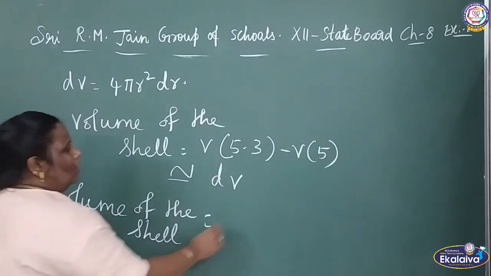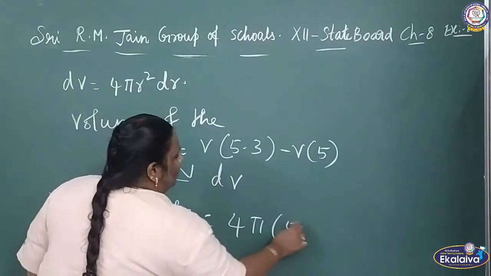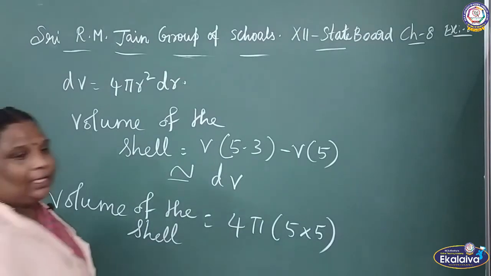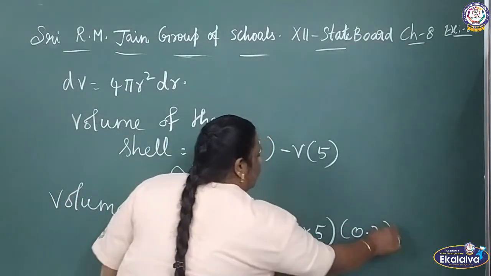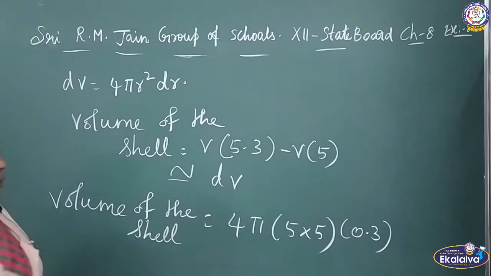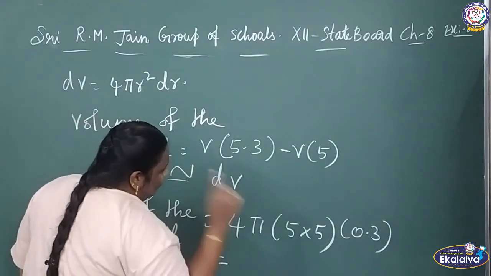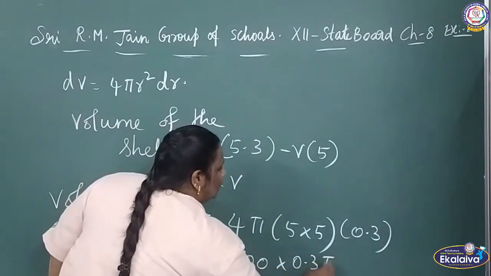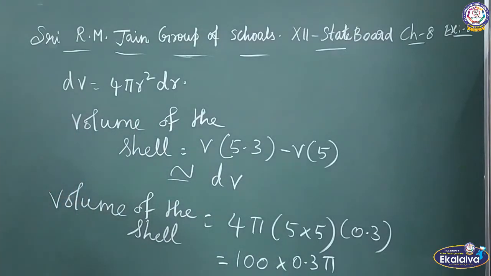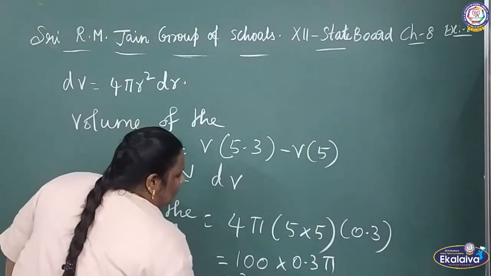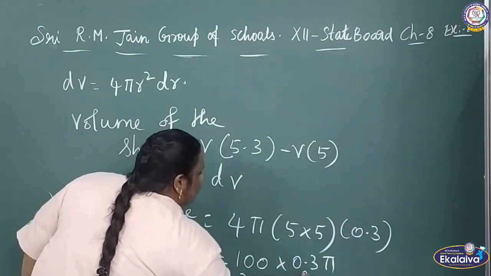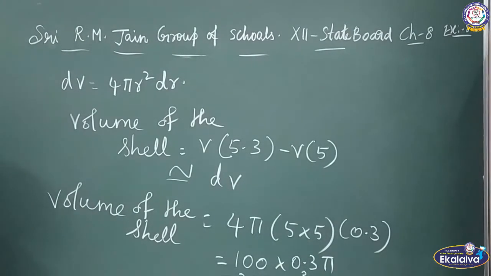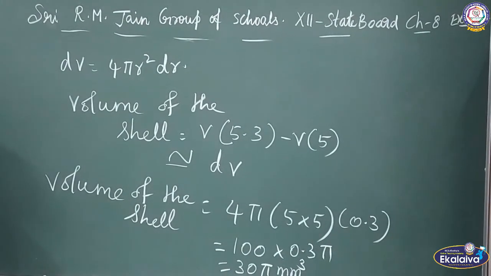See here, 4 pi into 5 into 5, r square, and dr is nothing but 0.3. It gives 25 into 4, that is 100, into 0.3 pi. It's nothing but 30 pi millimeter cube. So the approximate change in volume of the shell is nothing but 30 pi millimeter cube.